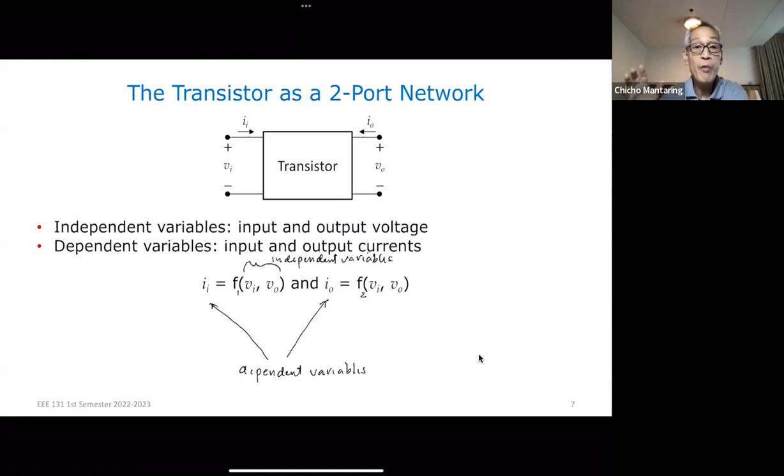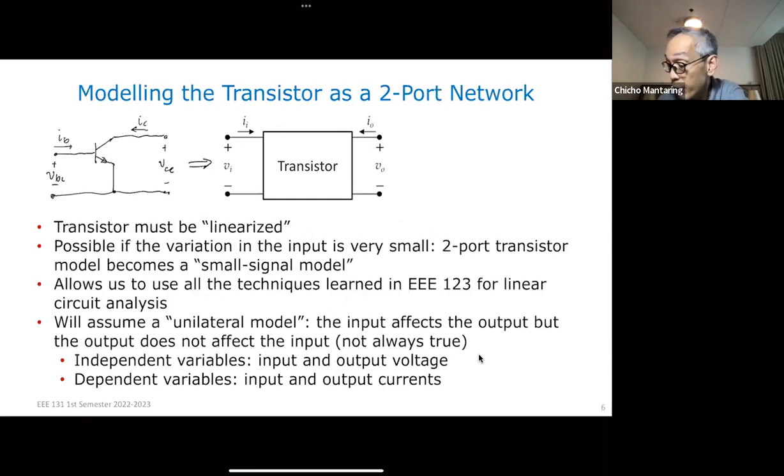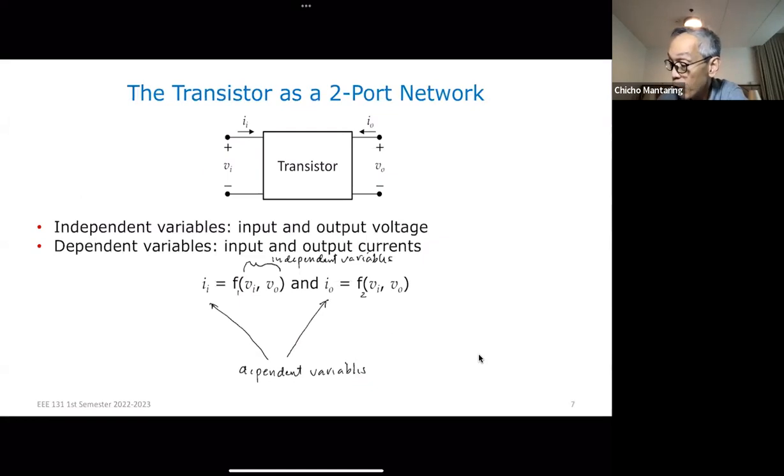Okay, so I will be able to describe this network using these two equations. One describing the input, I sub I, and one describing the output, I sub O. Okay, however, because we are assuming a unilateral model, this V sub O is not going to affect I sub I. Okay, so ito mawawala.